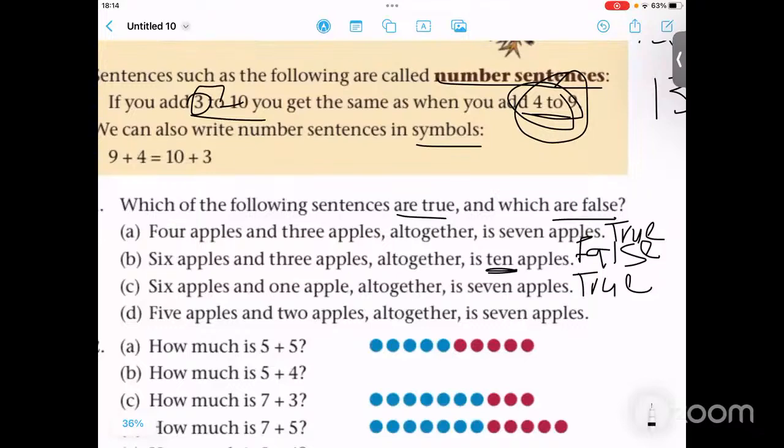D says 5 apples and 2 apples all together is 7 apples. And Naledi, is this true or false? Naledi, is this true?